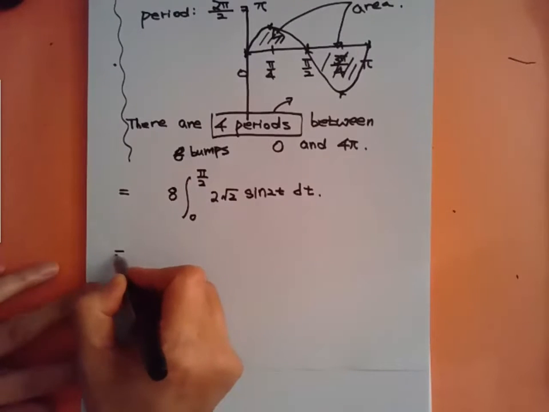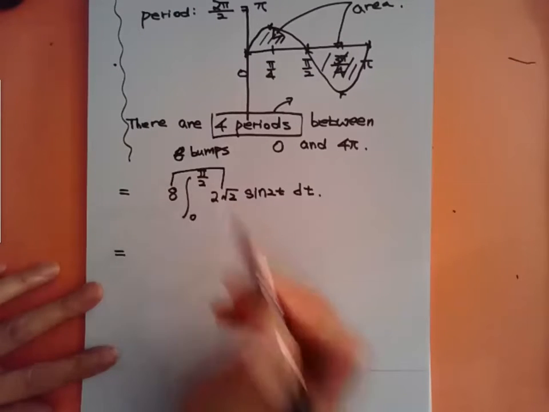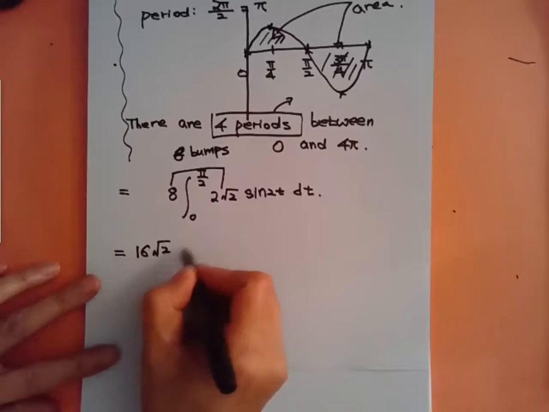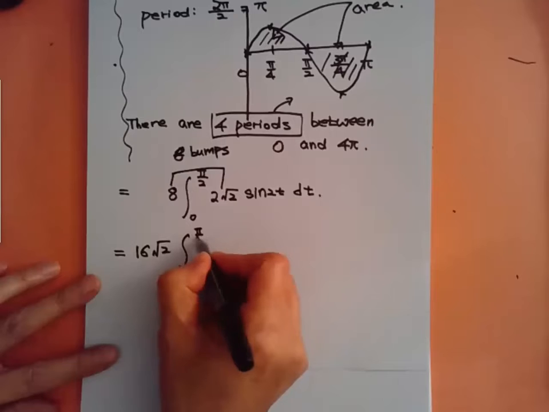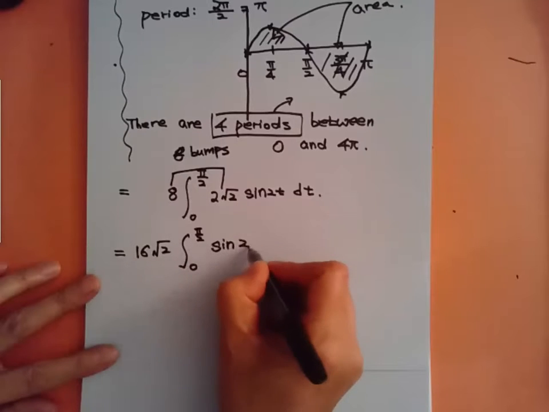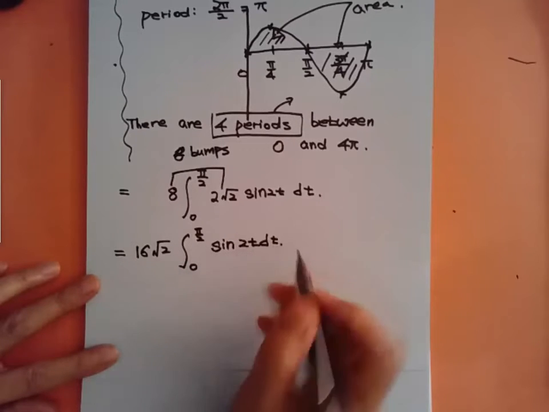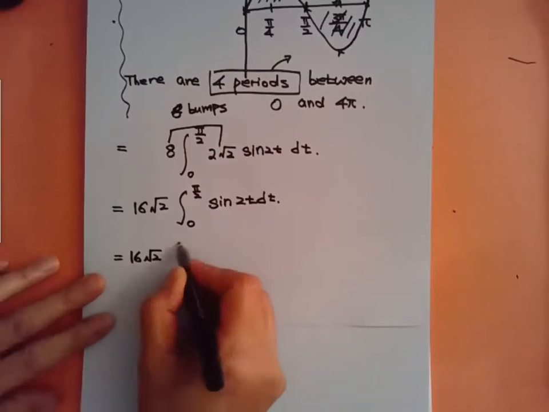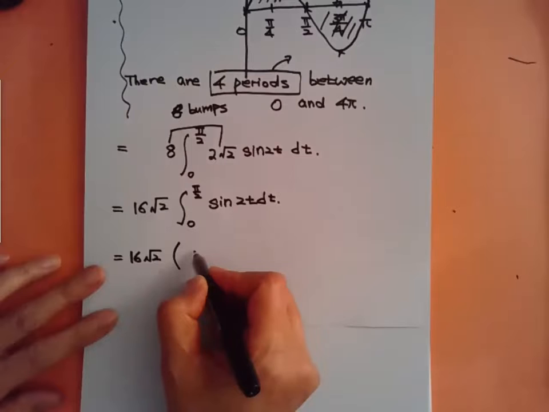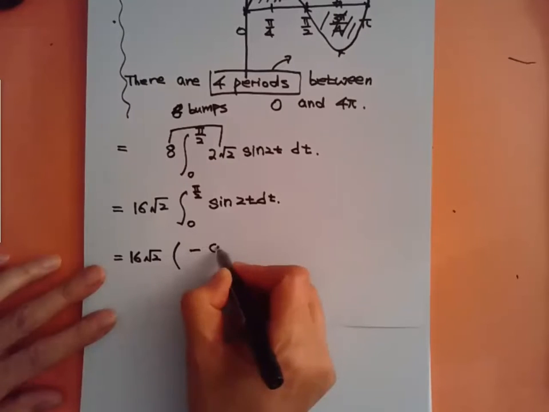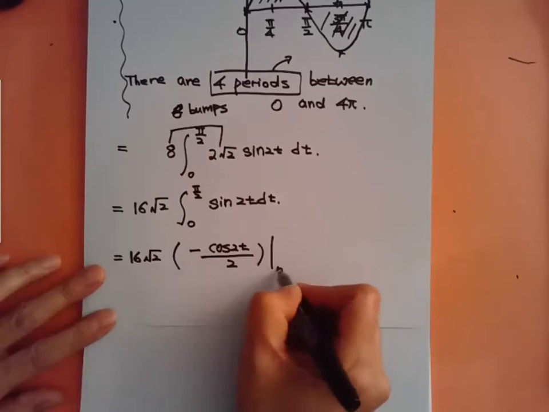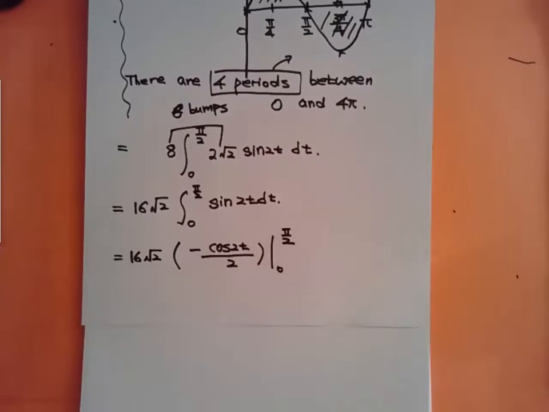Then let's keep going with the calculation. That is 16 square root of 2 times the integration from 0 to pi over 2 of sine of 2t dt. So that is 16 square root of 2 times minus cosine of 2t over 2, from 0 to pi over 2. So that is just the integration formula.